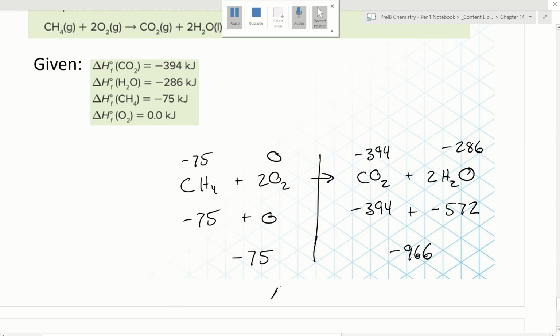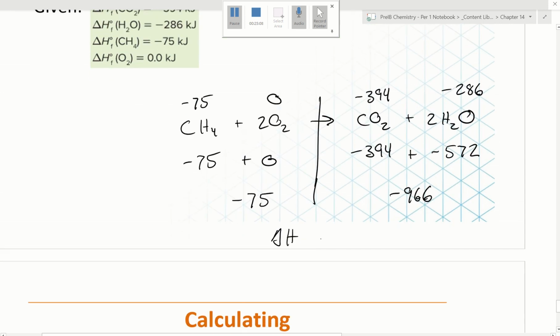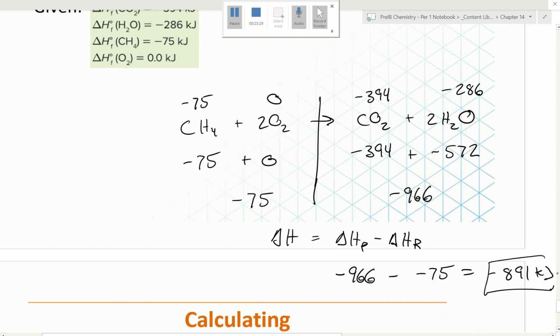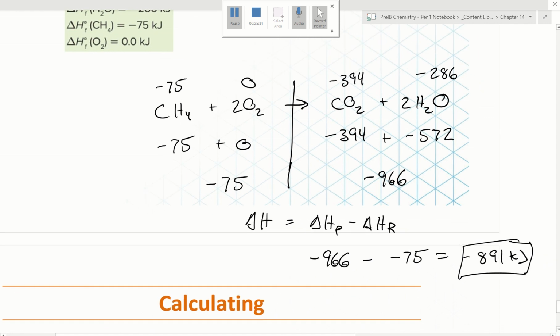Delta H is equal to the delta H of the products minus the delta H of the reactants. So I have negative 966 minus negative 75 equals, and that gives me negative 891 kilojoules, and that is my answer. All right, so that's how you do the summation equation.